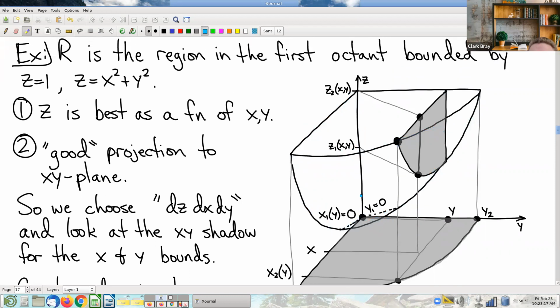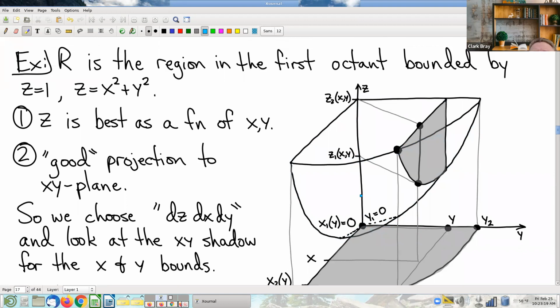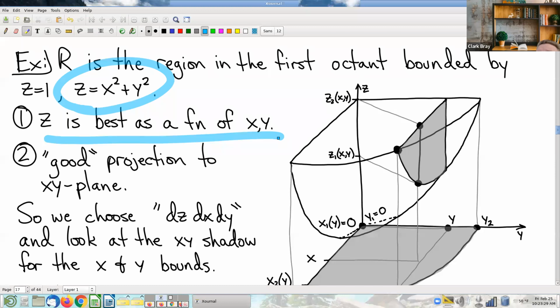Okay, so how are we going to slice up this solid? The first thing I want to observe is, even without looking at the picture, I look at this equation and I pretty handily notice I would rather solve for z than either of x or y, because I don't like square roots.